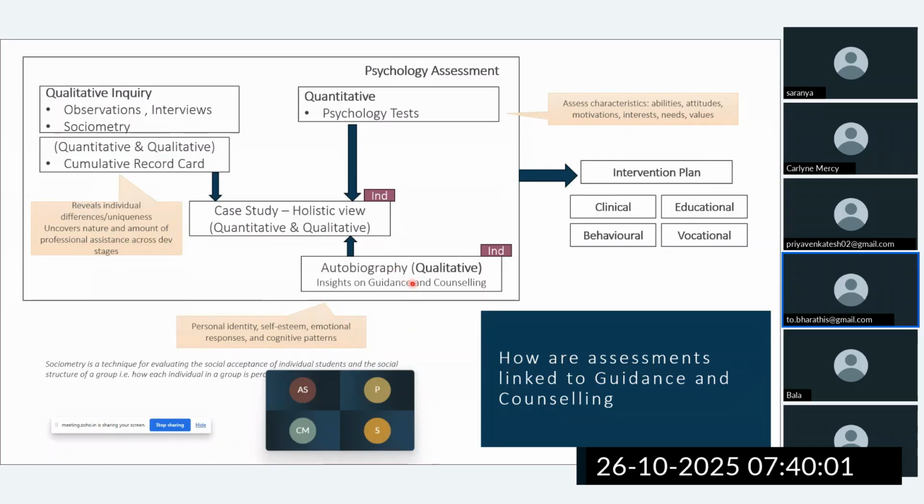And the autobiography is where a person talks about themselves from their point of view. So it helps to identify what a test or an observation or an interview cannot share. The autobiography way of assessment will help a person talk about how they identify themselves, what self-esteem means to them, what emotional things they undergo, how they are feeling, how they think. So it helps us understand all those things, right?